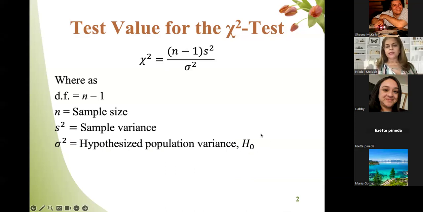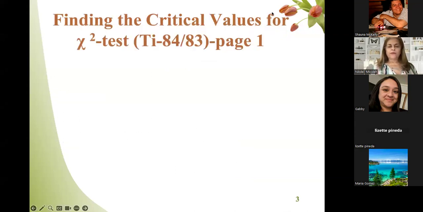You will find it in the claim sentence. So n minus 1 times s squared divided by sigma squared.